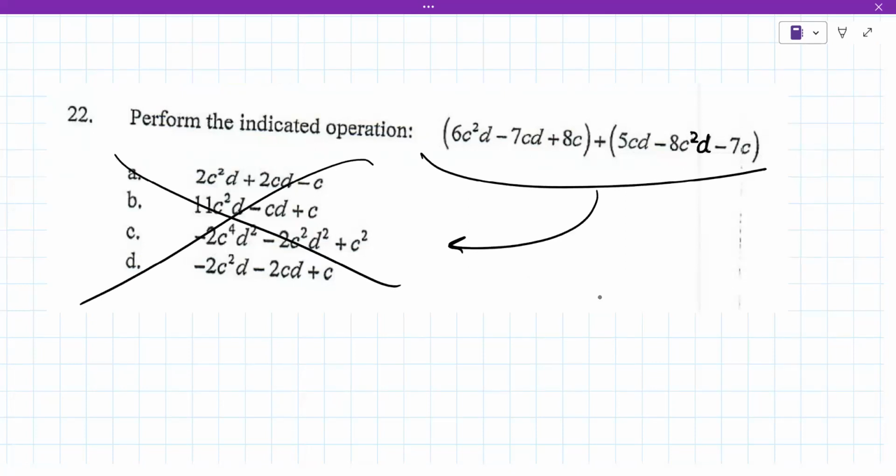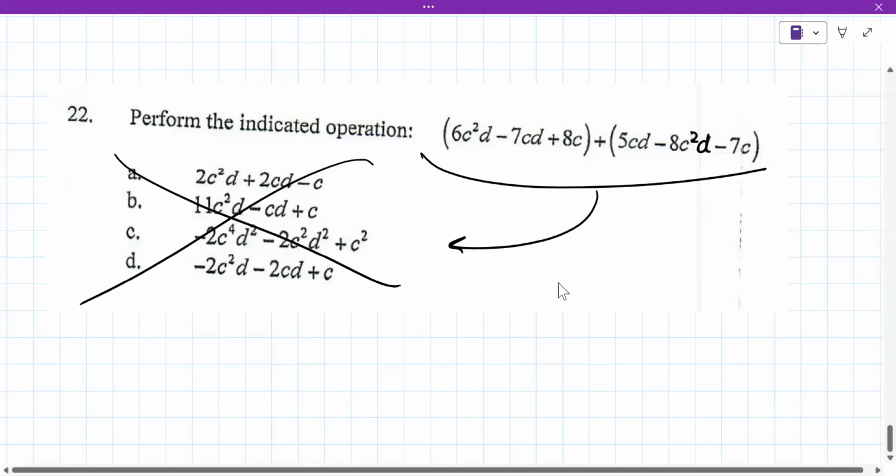Yeah. Because you will avoid issues like you just did. So it would be negative 2CD. Okay. So that gets you down to C or D. Yep.